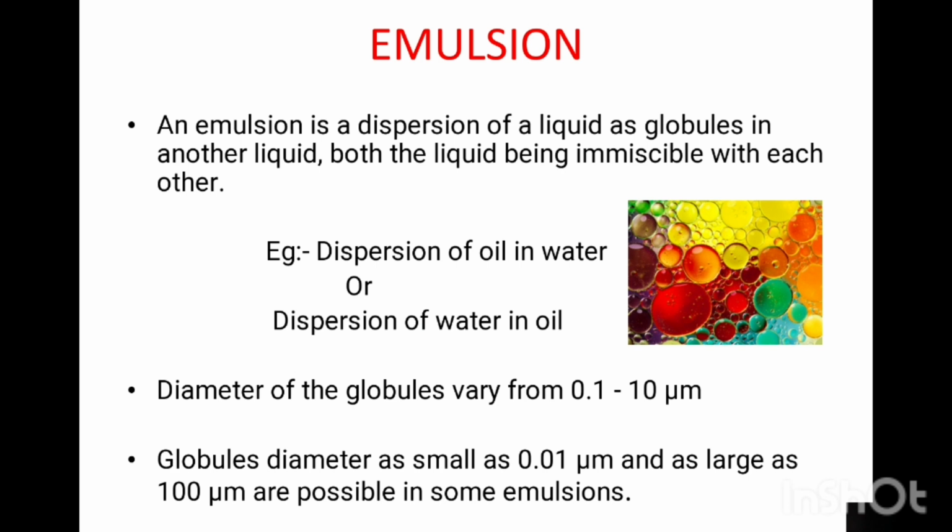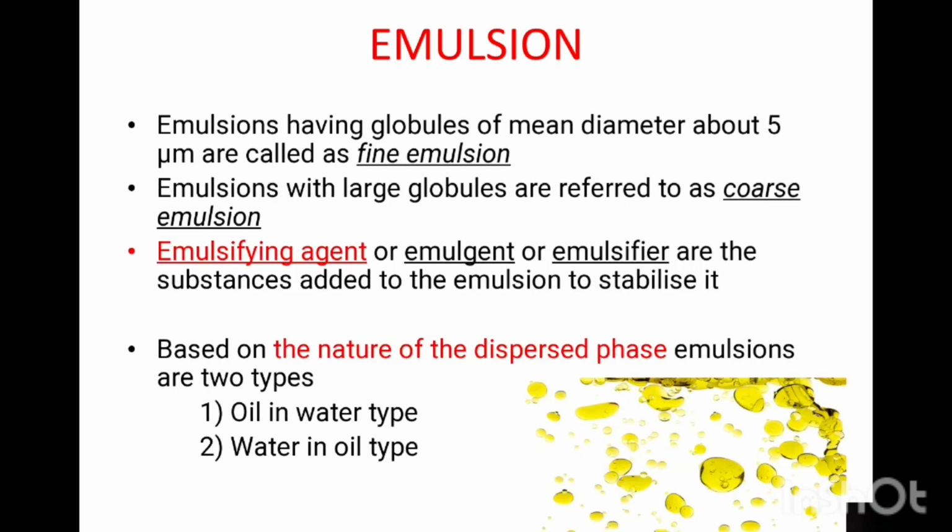Both are examples of emulsion. And here the globule size varies from 0.1 to 10 micrometer. The diameter of the globules varies from 0.1 to 10 micrometer. Globule diameters as small as 0.01 micrometer and as large as 100 micrometer are possible in some emulsions.